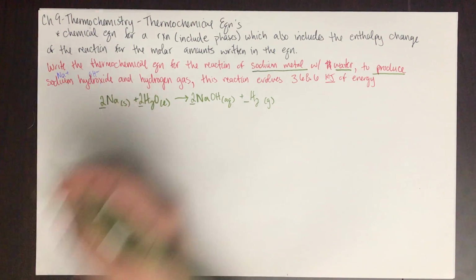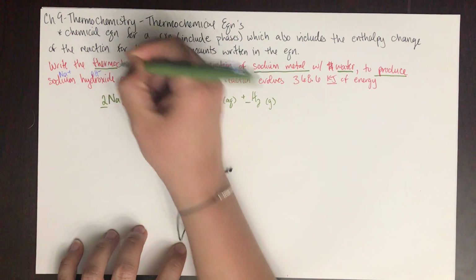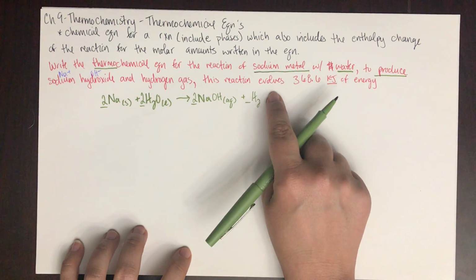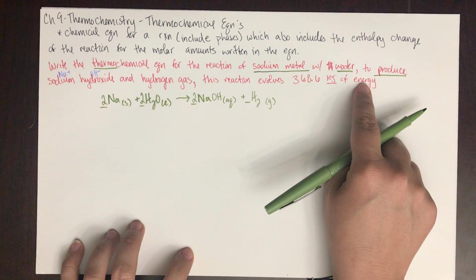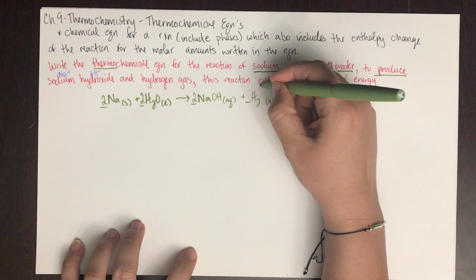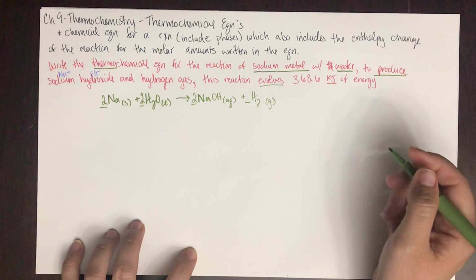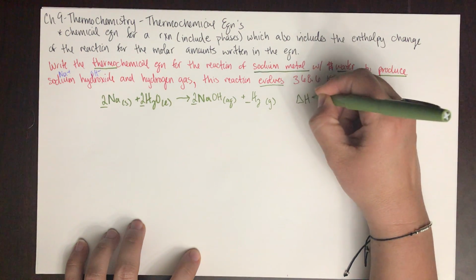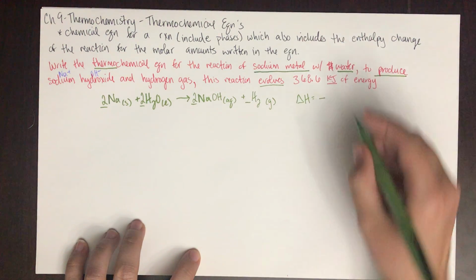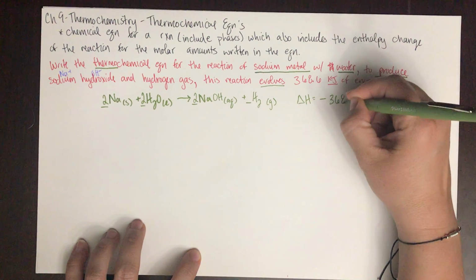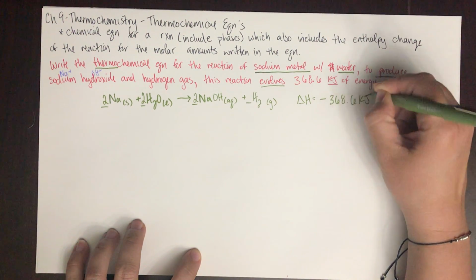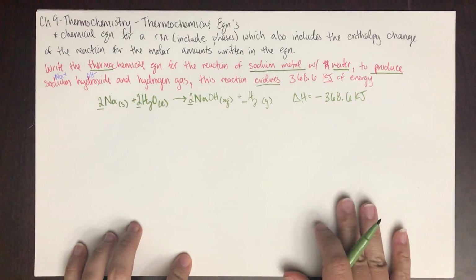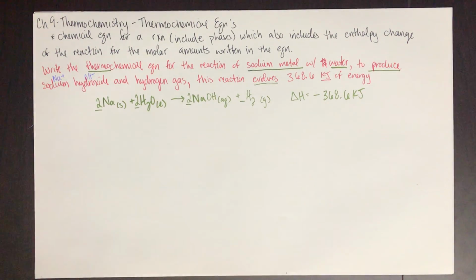To make this a thermochemical equation, I need to include the enthalpy change. And this reaction says it evolves. Remember what evolves means. Evolves means that delta H is a negative number, 368.6 kilojoules. This is a thermochemical equation. It would look just like this.